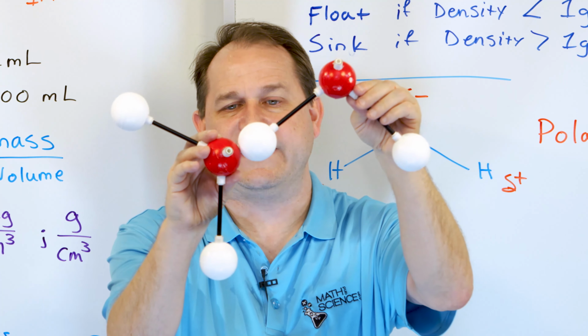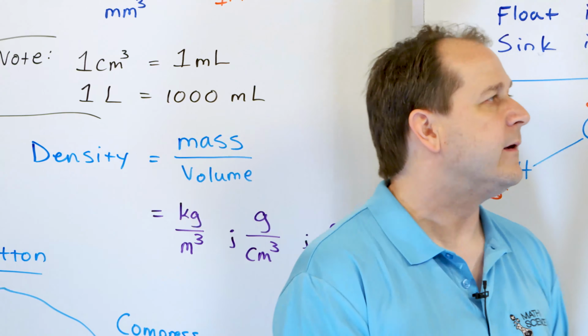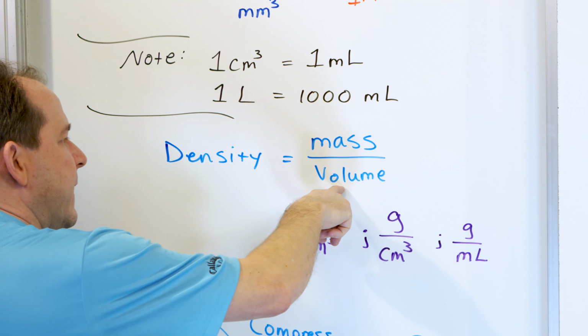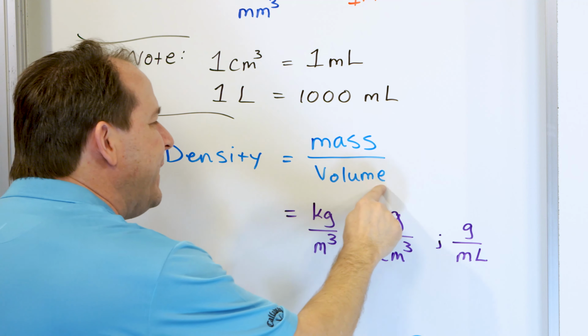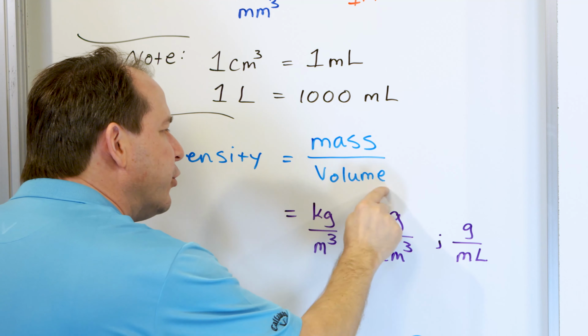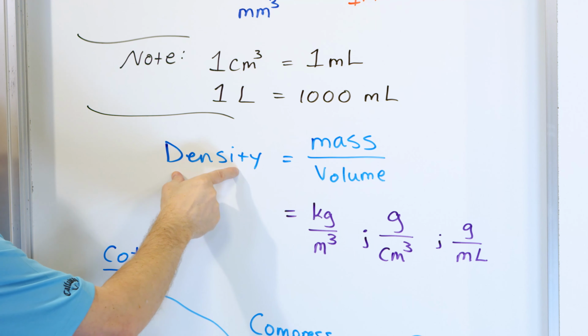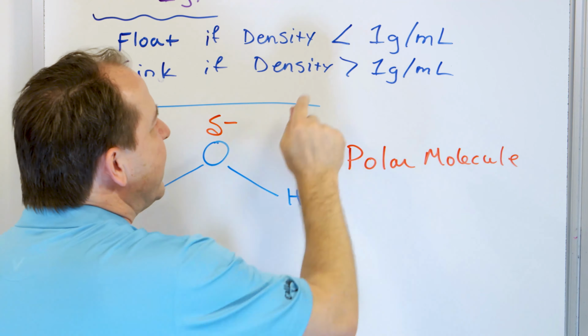Because it's locked in place like this, it has to be a larger volume overall than in the liquid phase. And if the volume is larger, then the density goes down. If you put a bigger number in the bottom for the volume, you divide by a bigger number, you get a smaller density than water. And a smaller density means that it floats.